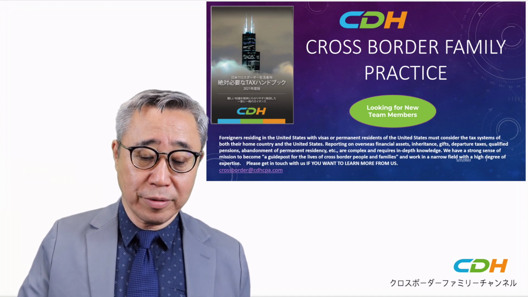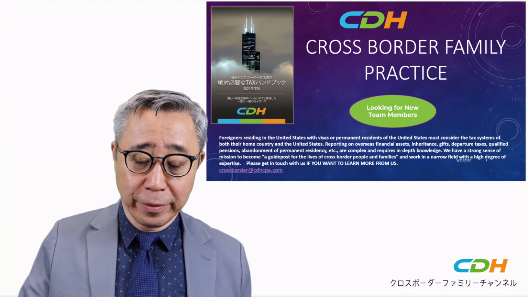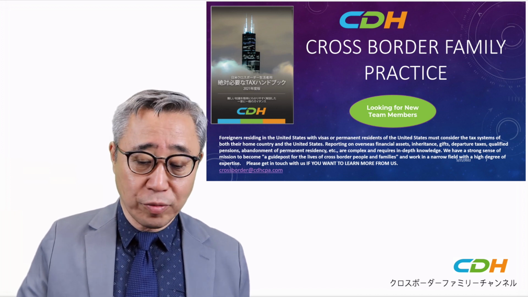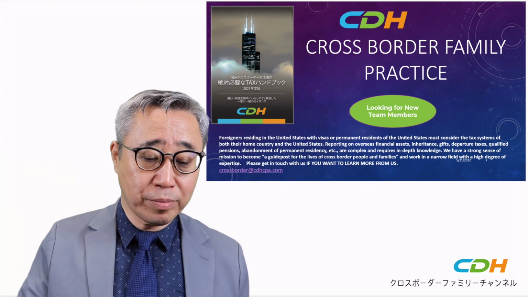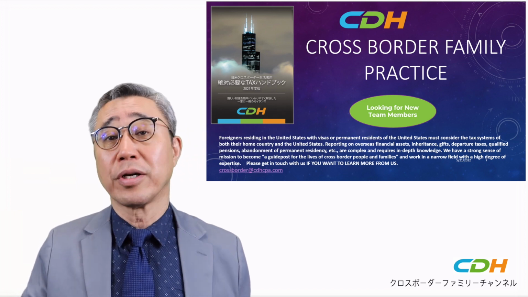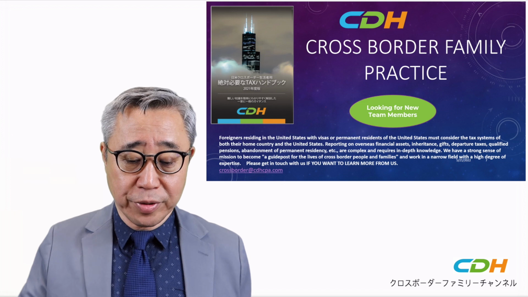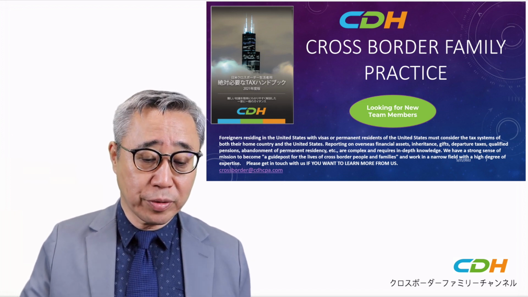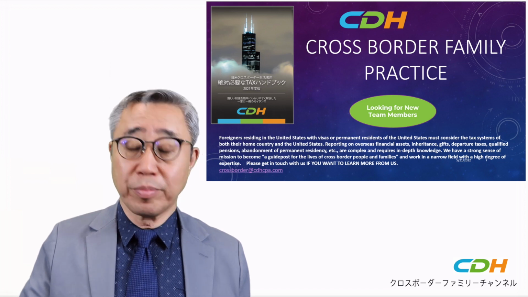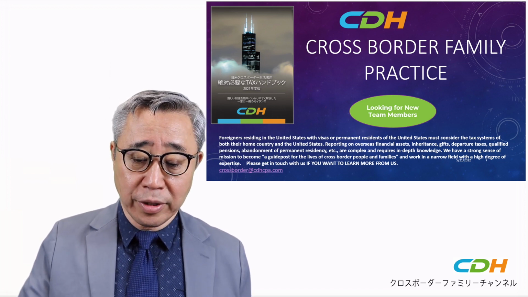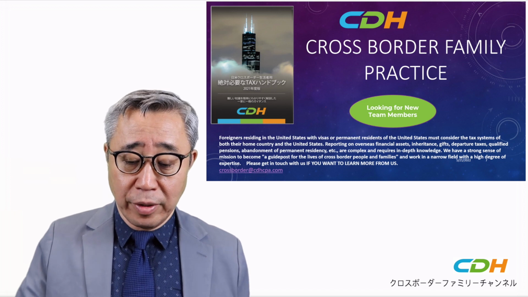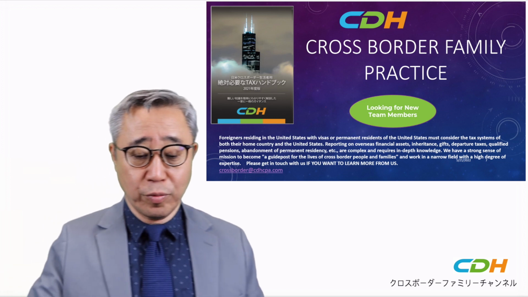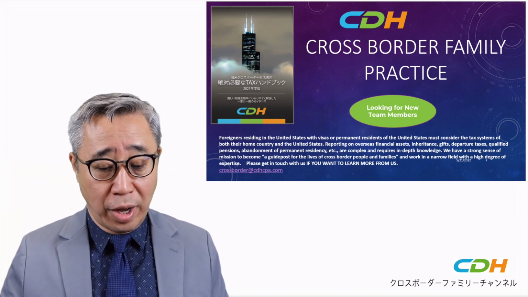Reporting on overseas financial assets, inheritance, gifts, departure taxes, exit tax, qualified pensions, abandonment of permanent residency, etc. are complex and require in-depth knowledge. We have a strong sense of mission to become a guidepost for the lives of cross-border people and families, and work in a very narrow field with a high degree of expertise. Please get in touch with us if you want to learn more from us.